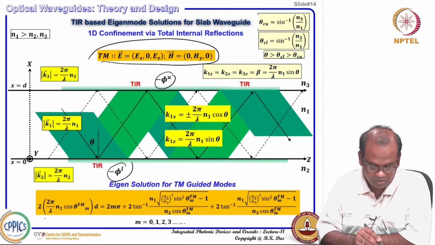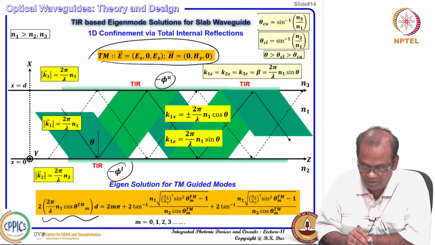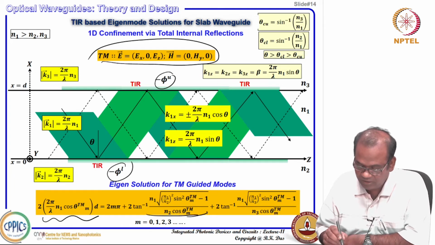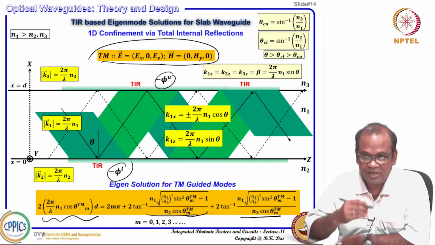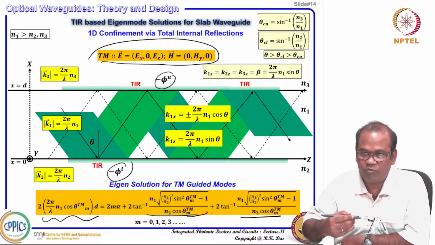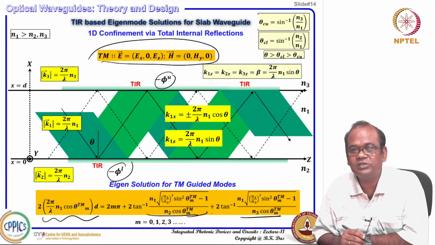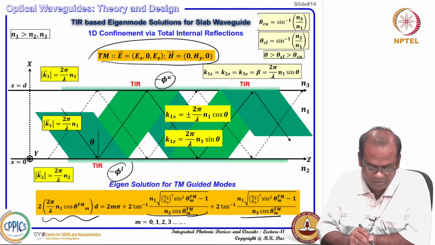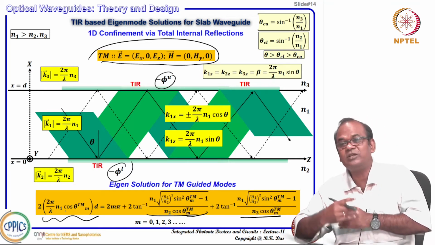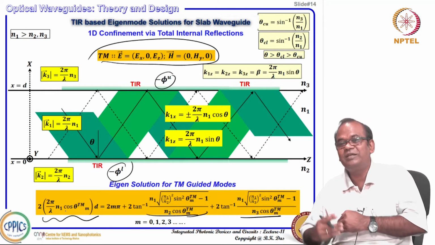The solutions come similar, but you will get different solutions for theta TM, because the phase equation is different, and the phase acquired at the interface due to total internal reflection will be different for TM polarization. For that purpose you will get a different set of solutions for theta for TM polarization.